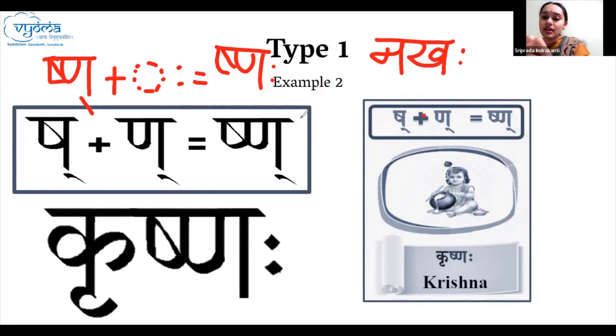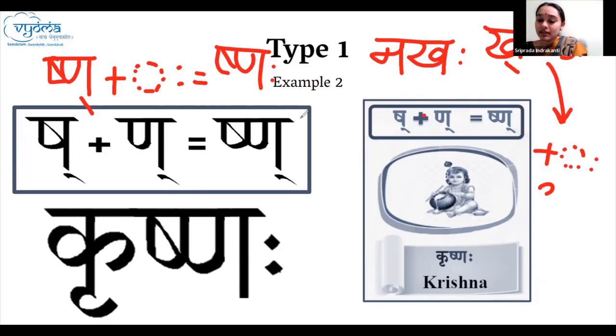So in this word, they have written that k plus a is k, and that is true. I think some people had doubts regarding that. So k plus a plus the aha would make khaha. So that's why this is correct.